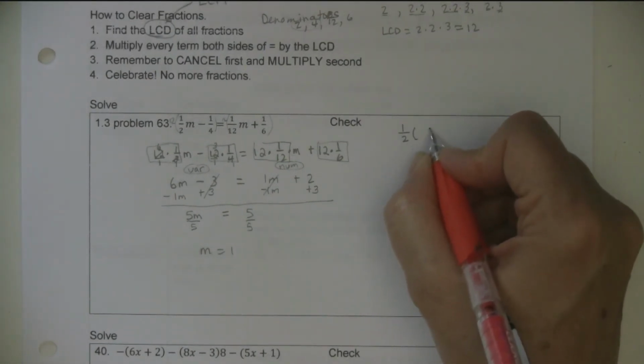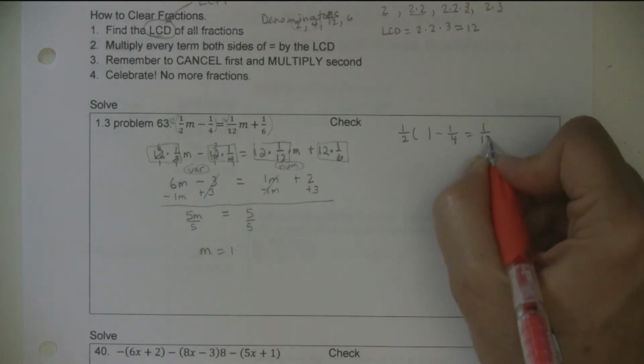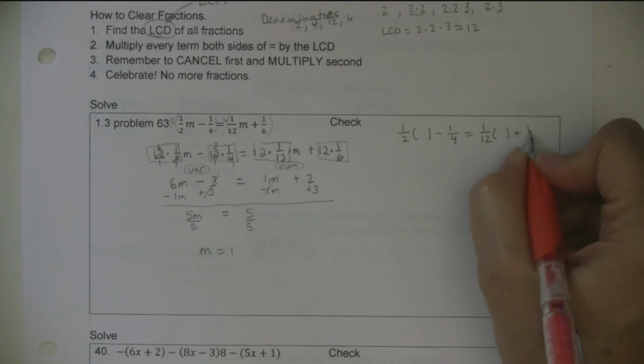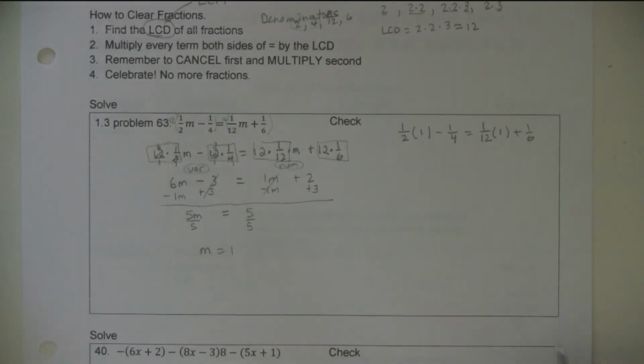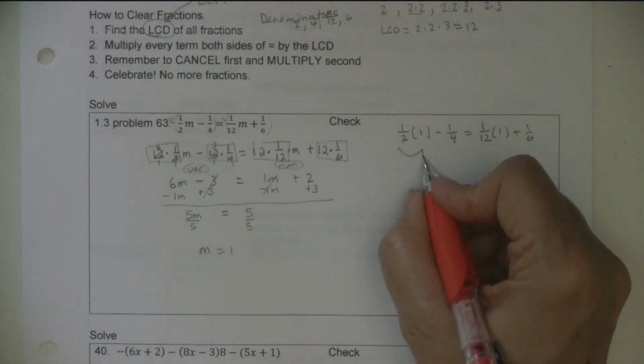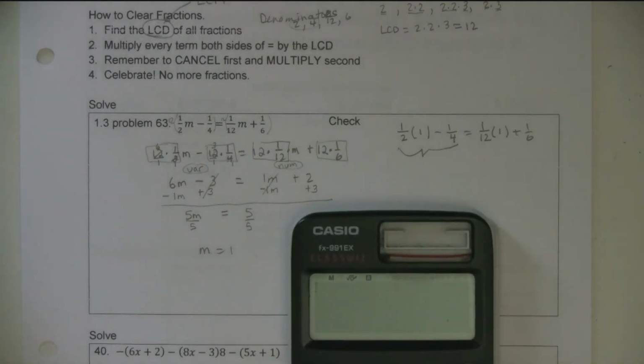1/2 m minus 1/4. So I'm going to put this in my calculator just to check. So 1/2 times 1 is half, right? If you want to put it in, you can. I laugh at myself when I do something like that, when I put it in, but that's okay.